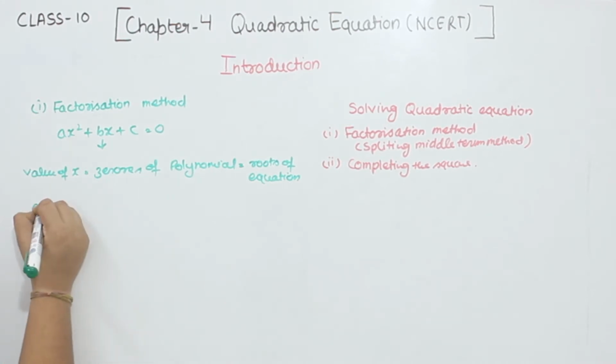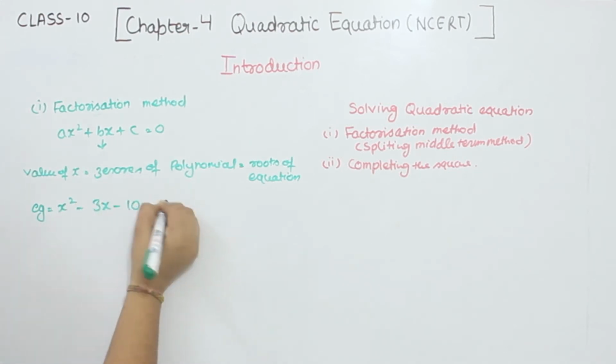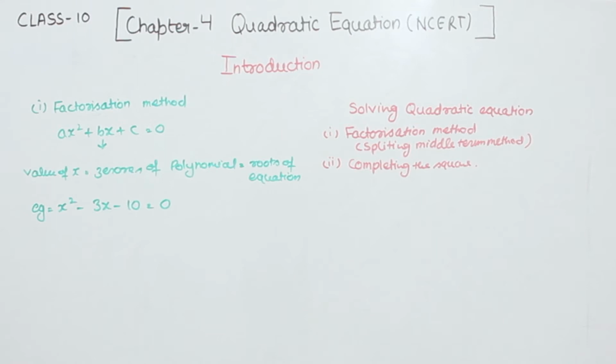Now first of all, we are going to take an example. The example is x square minus 3x minus 10. This is the quadratic equation. Now we have to split the middle term. For that, we need two numbers. When we multiply, we get 10, and when we add, we get minus 3.